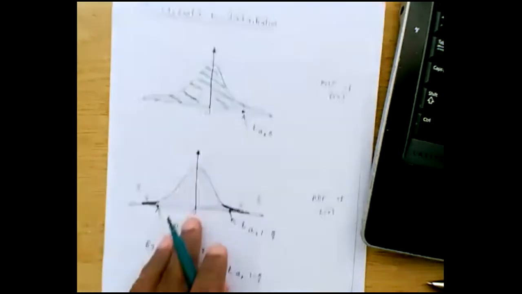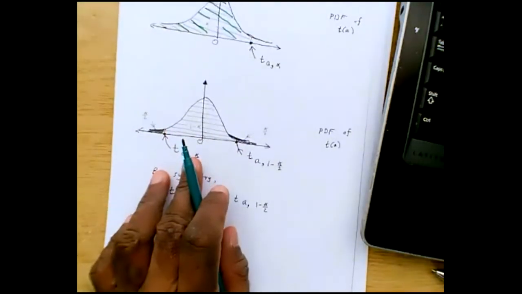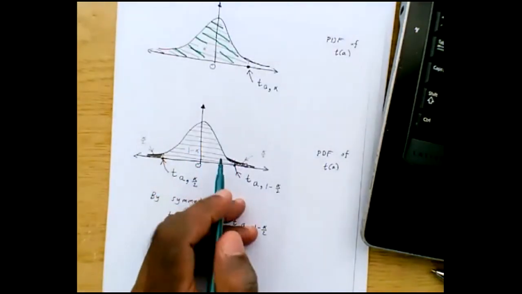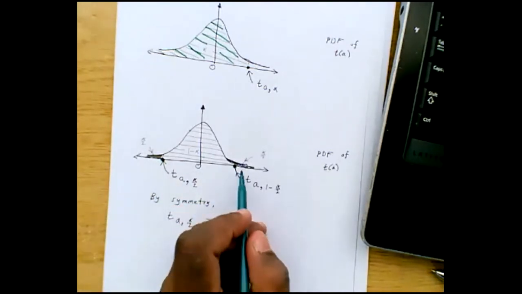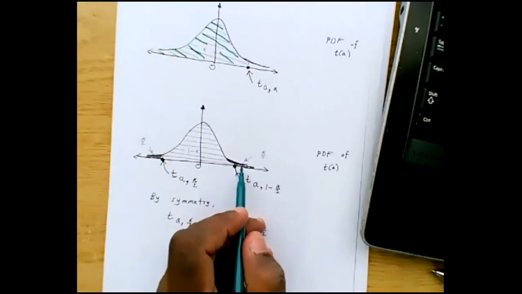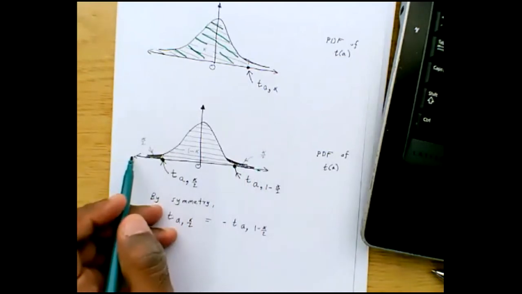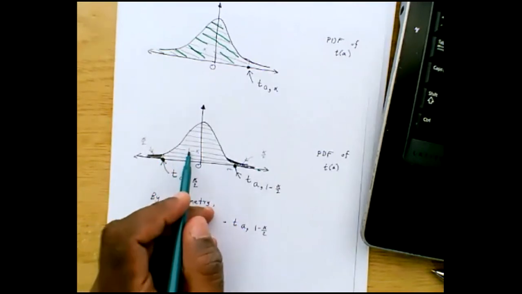And once again, you can have 2 percentile points. You can have this point and this point. The area to the right of this point is alpha by 2. The area to the left of this point is alpha by 2. And the area between these two is 1 minus alpha.